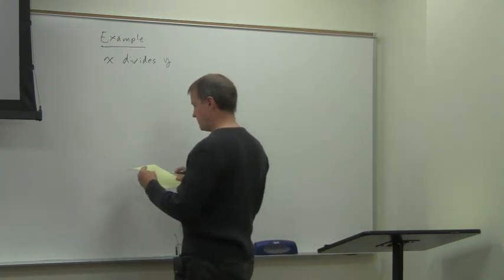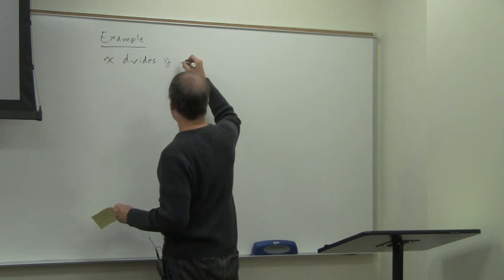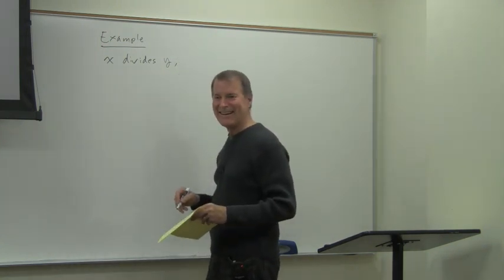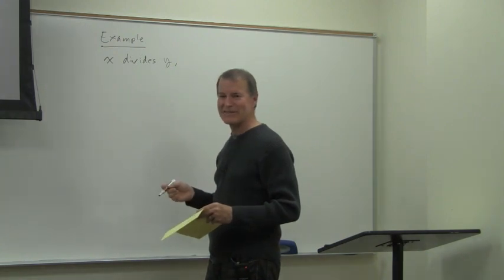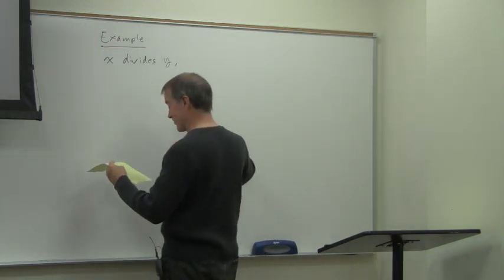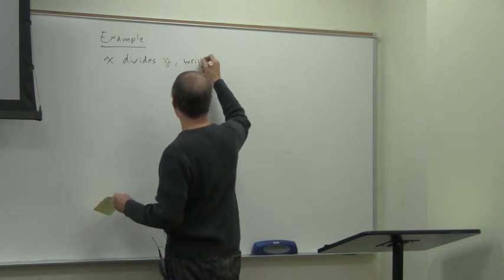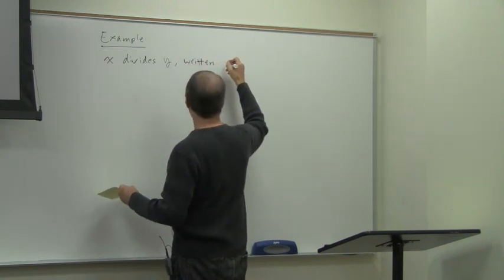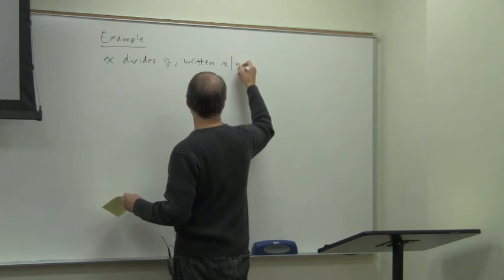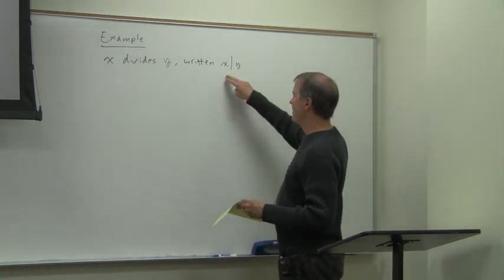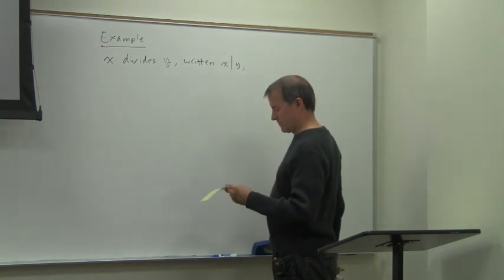It's kind of the same as the range symbol, so you just have to know by the context which one it is. That is kind of unfortunate, but anyway, it's written X divides Y.